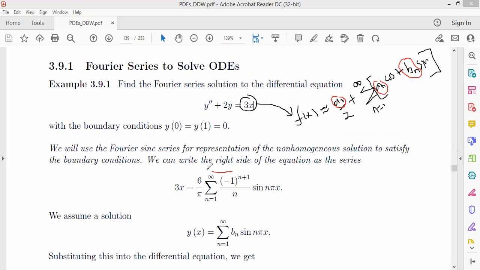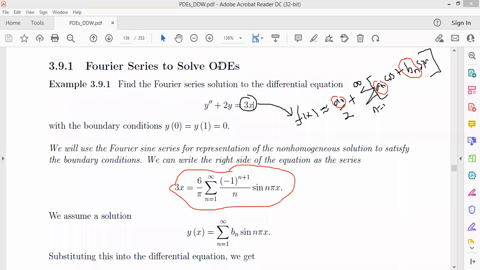If you do that simplification, you are going to end up with this statement. And this is what we are saying, that the right-hand side of the given differential equation, which is the function 3x, can be represented in a series form of this type here. I guess there is no question there.